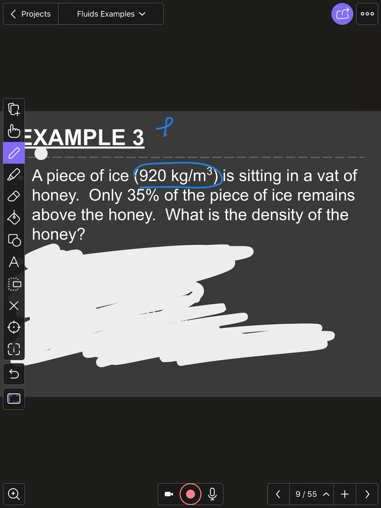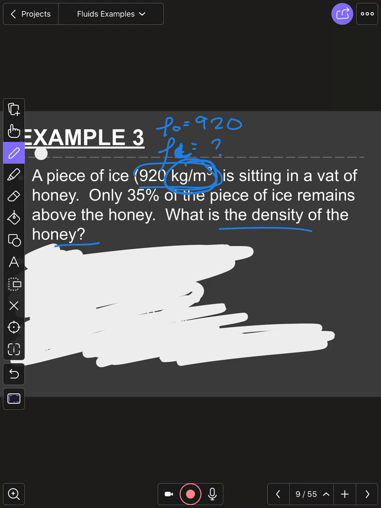I know the density of the object is 920. I already see this is in SI units, so I don't have to do any converting. The density of the honey, or the liquid, that we don't know.